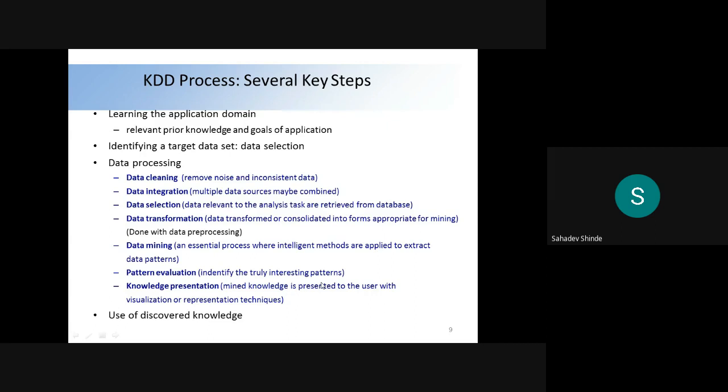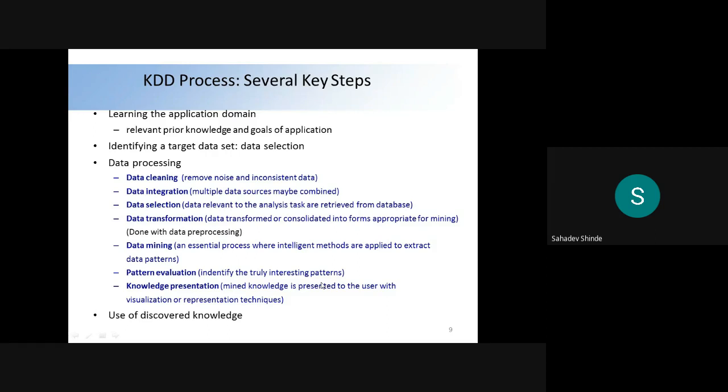We need to identify a target data set. Then, for how the data is going to be processed, we have different points: data cleaning, data integration, data selection, data transformation, data mining, pattern evaluation, and knowledge presentation. And finally, we have the use of discovered knowledge.